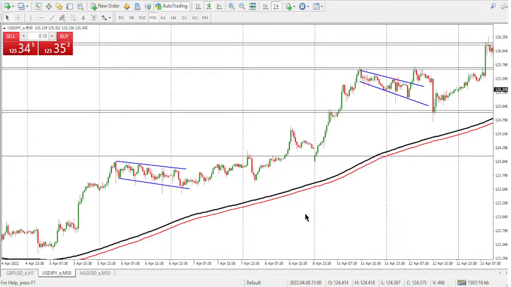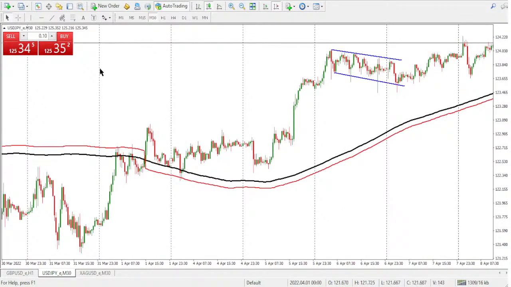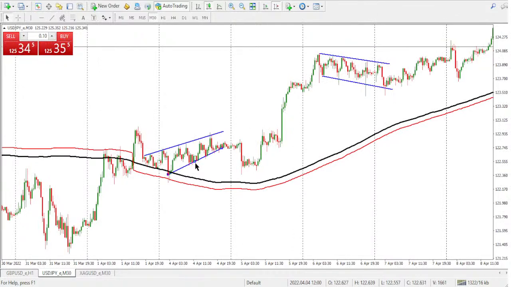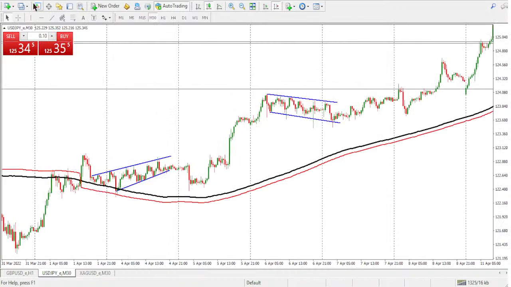There's another one there, and then there is another one here. There's another one there, and then there is a shape, there's some sort of consolidation there. You have that one there.